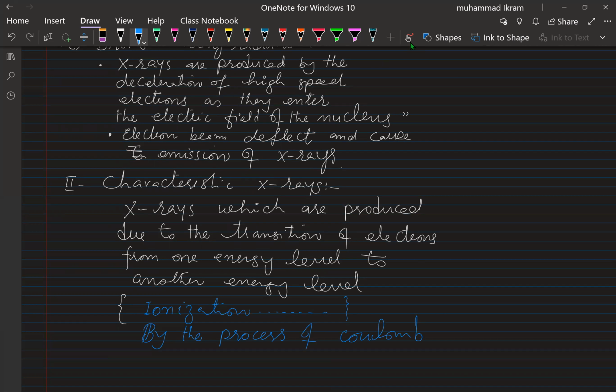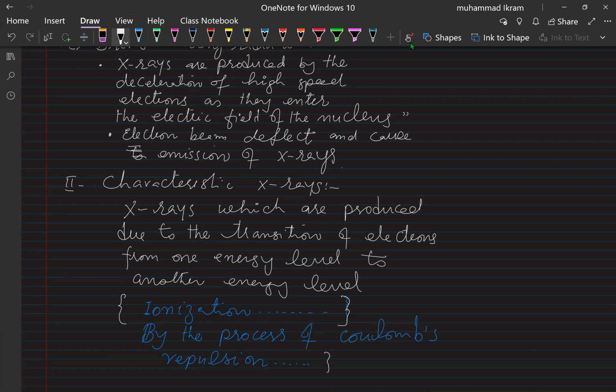Coulomb interaction. But better to write the process of Coulomb repulsion. This ionization process happens because of Coulomb repulsion.